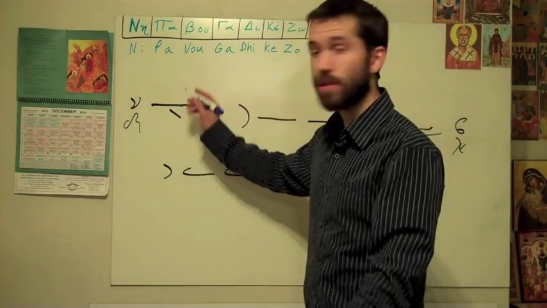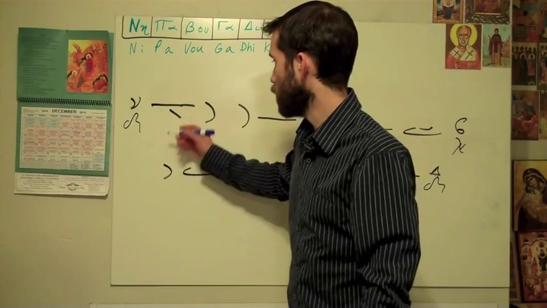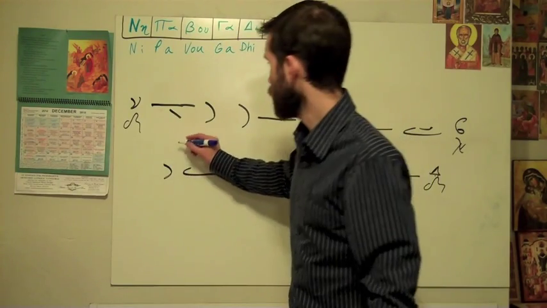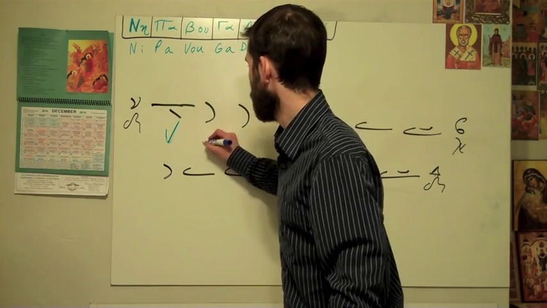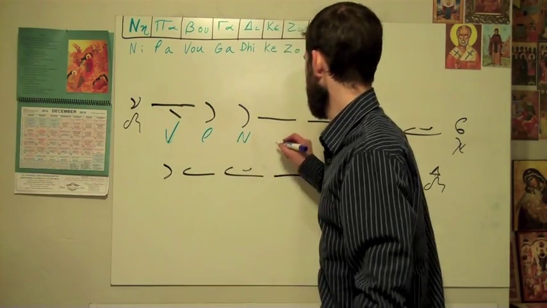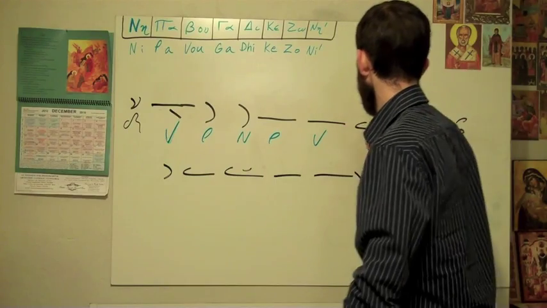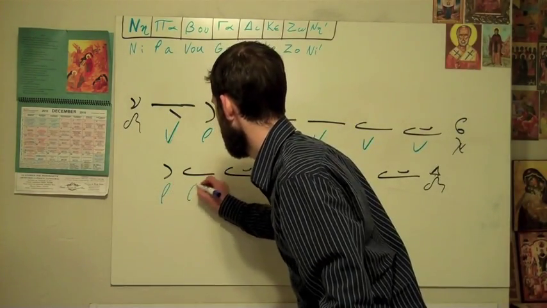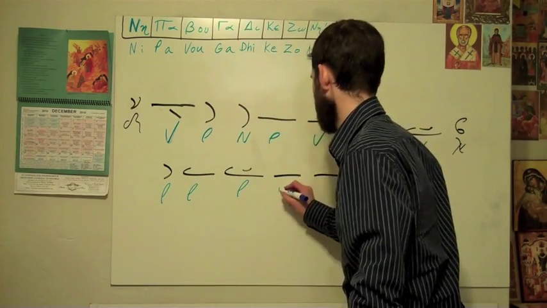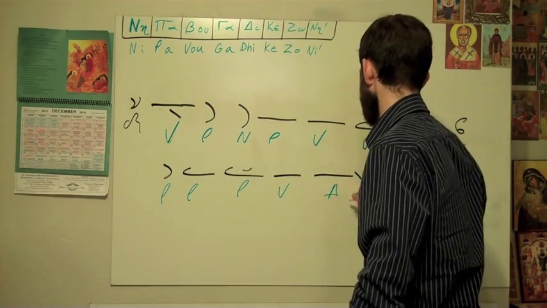So here, if we start filling in some of the notes, I'll write them in our Latin characters. So we'll say vu, and then pa, mi, pa, vu, vu, vu, pa, pa, pa, vu.